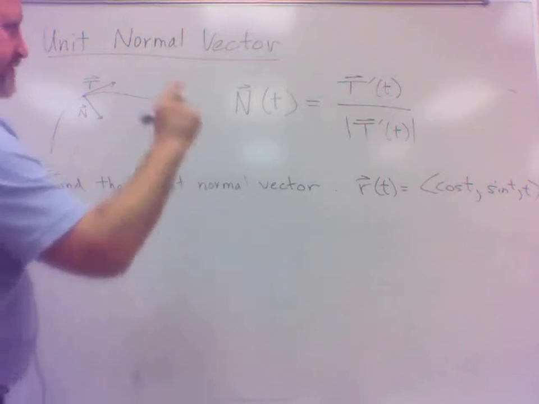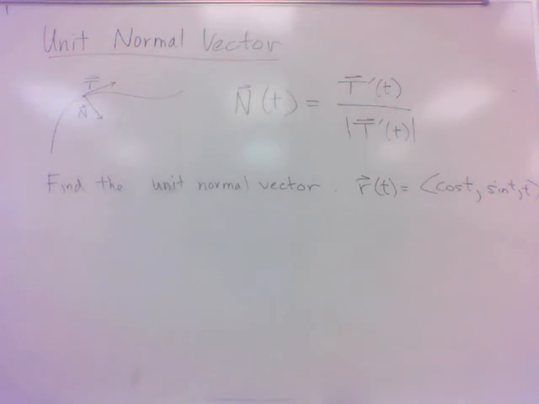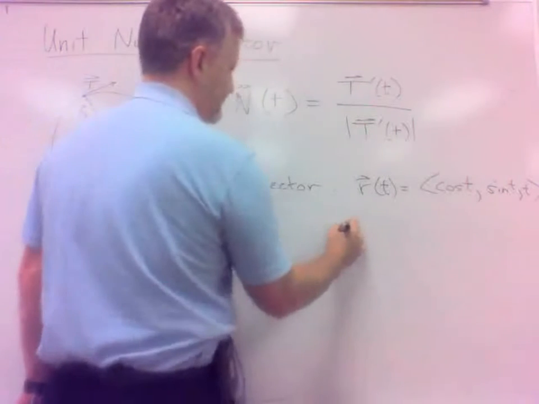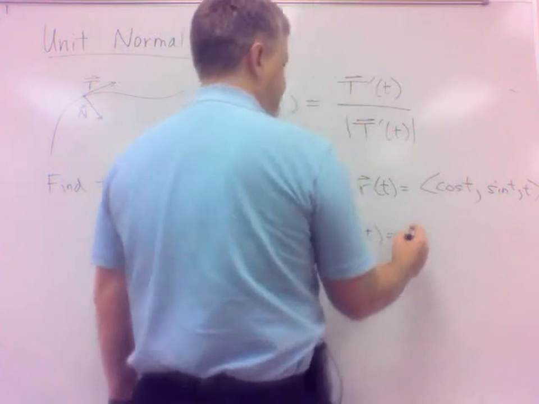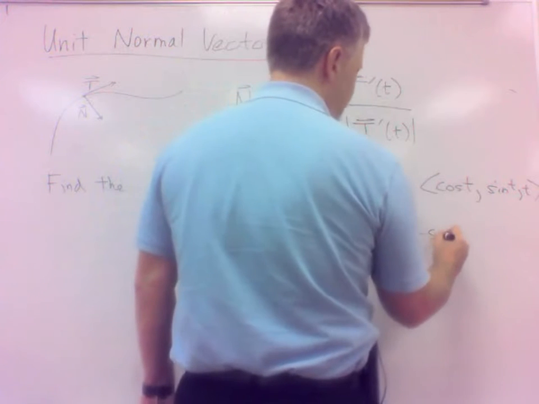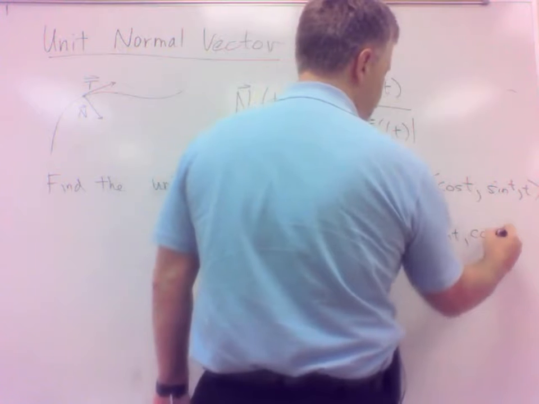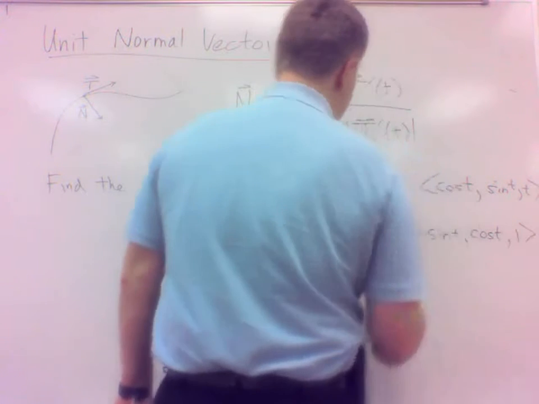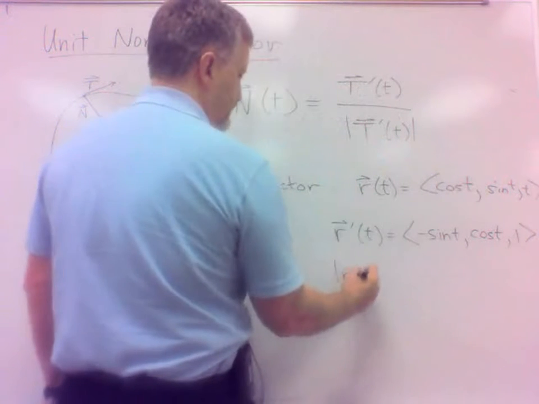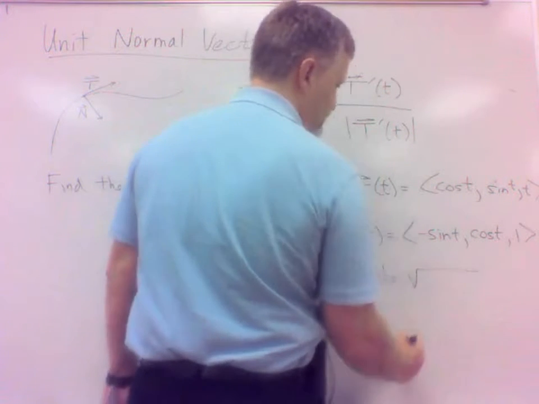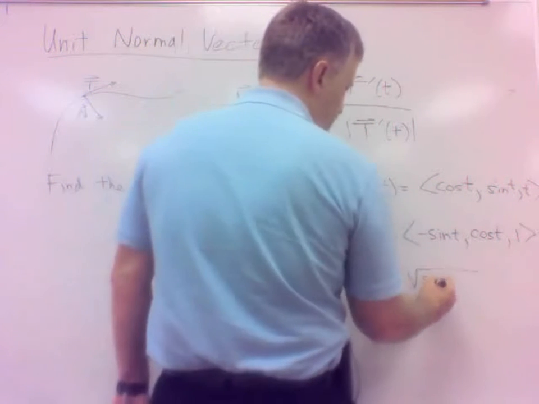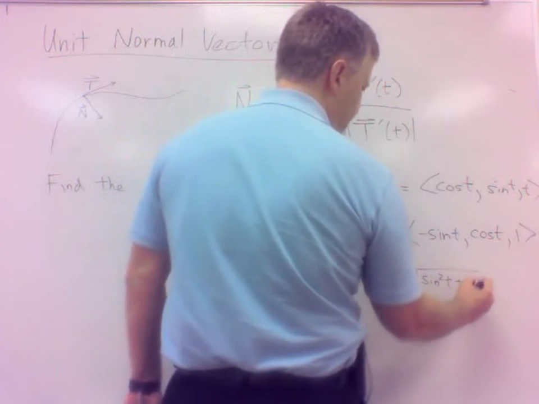For the normal vector, we need the tangent vector, and for the tangent vector, we need the derivative vector. So that's negative sine t, cosine t, 1. And the magnitude is also needed, which we've established a couple times already: the square root of 2.